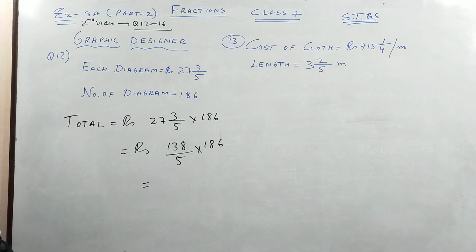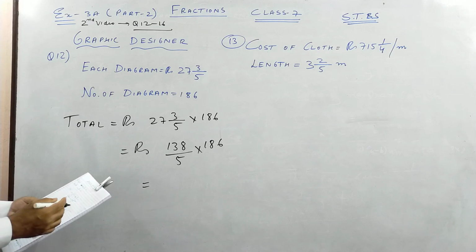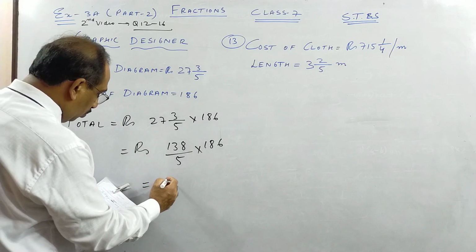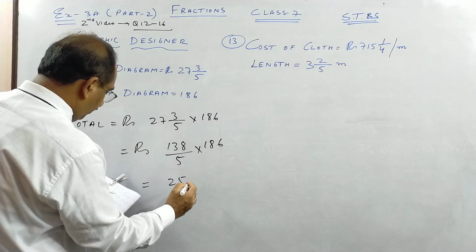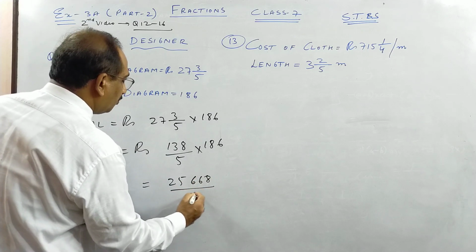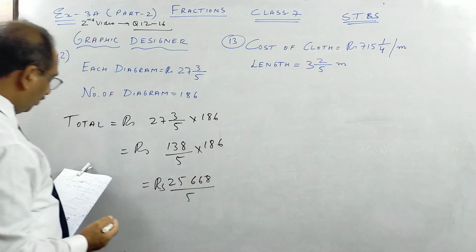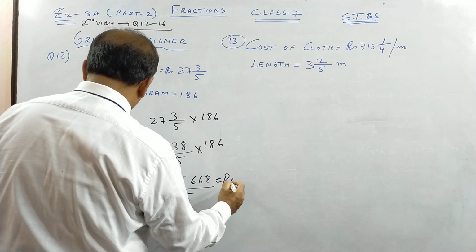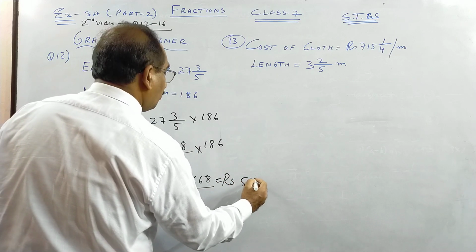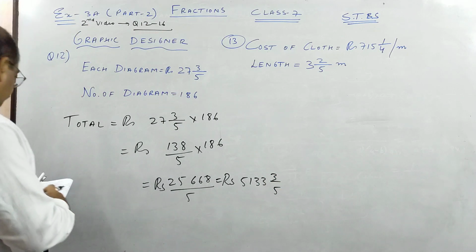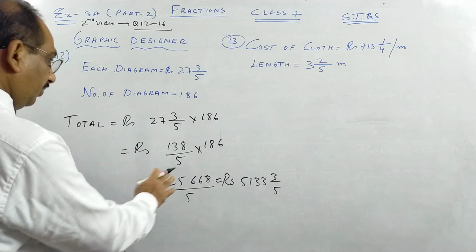Just to save your time, I have solved these questions, and if you multiply this you will get 25668 by 5 rupees, which gives 5133 3 by 5 when you multiply.